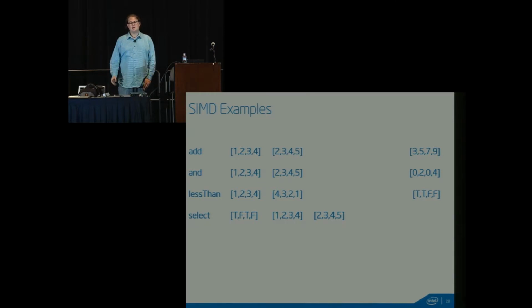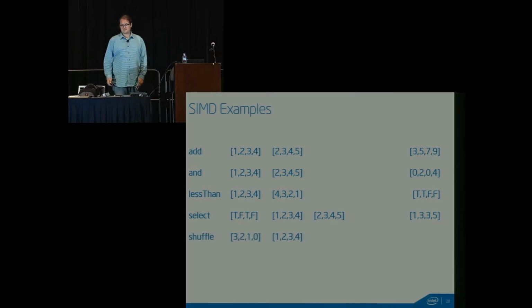And what select does is, depending on the value in the first vector, it will pick a value from the second or third argument, right? So down here, we have true, false, true, false. So that will take the first element from the first vector, second element from the second vector, third element from the first vector again, and so forth. And this allows you to blend multiple results into a combined result. And as we will see later, that's a good way to encode control flow.